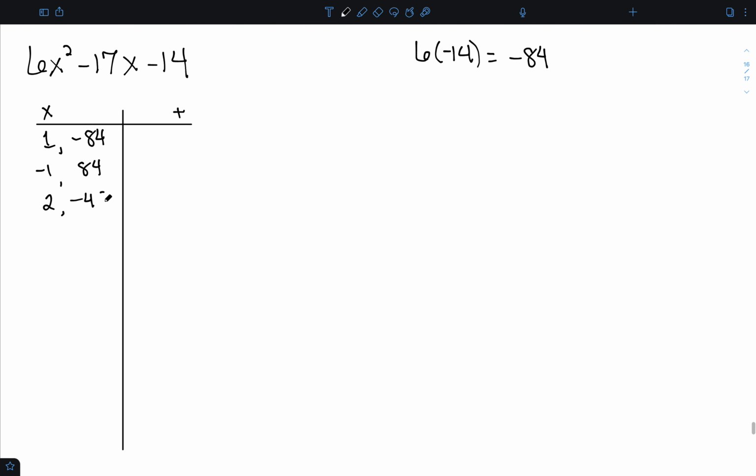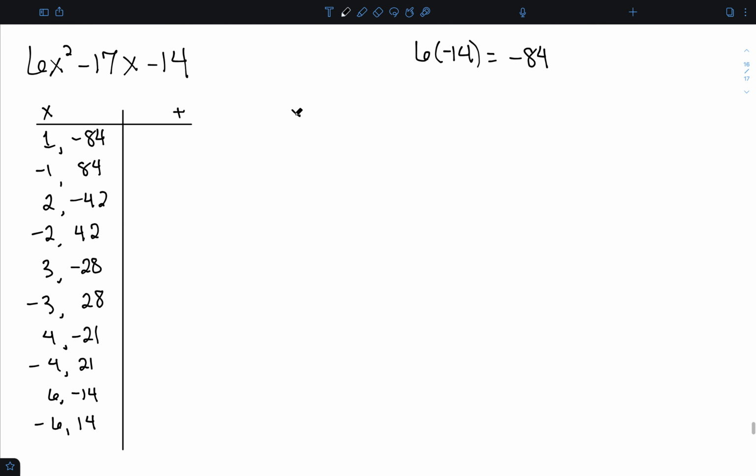We have 2 times negative 42, or negative 2 times 42. 3 times negative 28, or negative 3 times 28. We have 4 times negative 21, or negative 4 times 21. We have 6 times negative 14, or negative 6 times 14. And I'll go ahead and extend my table over here since I'm running out of room. We also have 7 times negative 12, or negative 7 times 12.